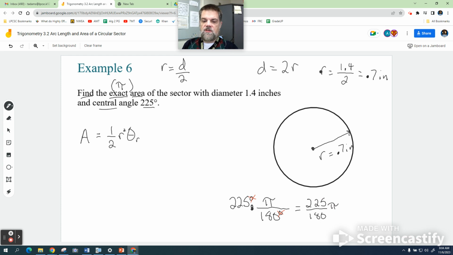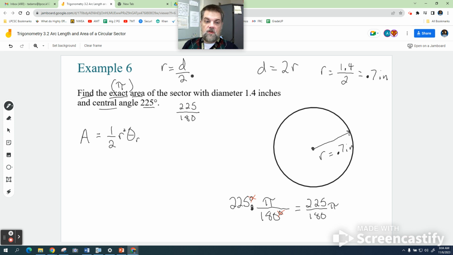So we need to reduce that as a fraction. Let's just do it up here. If I say 225 over 180, I know that 5 goes into both of them. Maybe something else goes into both of them.